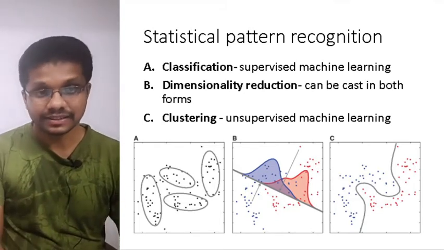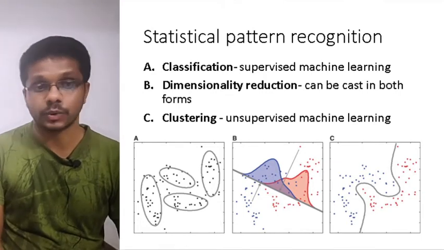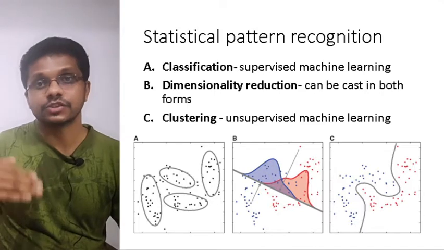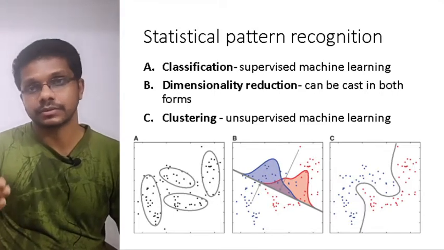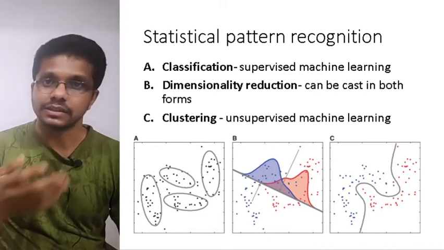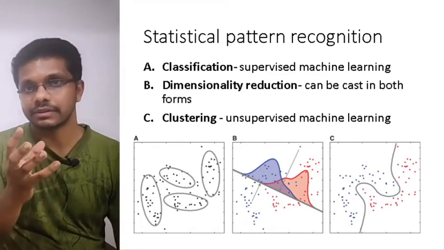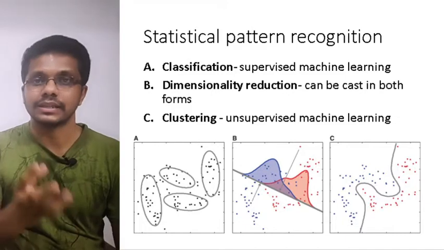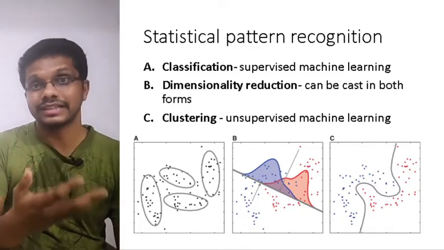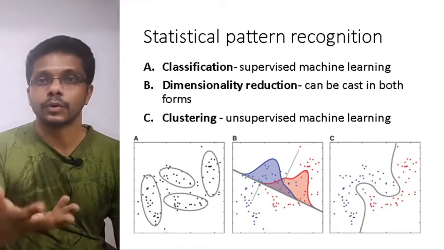Secondly, dimensionality reduction, which can be supervised or unsupervised machine learning, in which the features which are not essential are omitted, so that the data becomes sharper and the process of comparing or recognizing the pattern becomes easier.